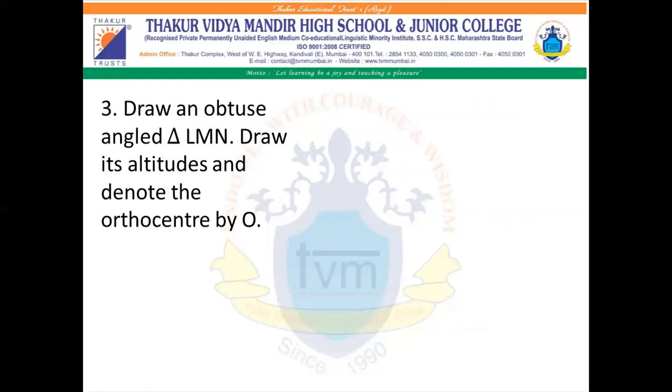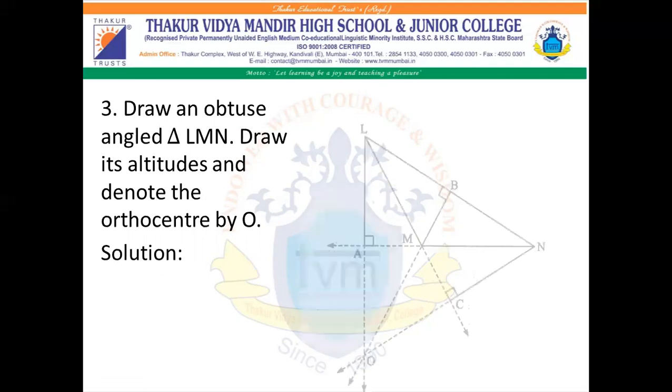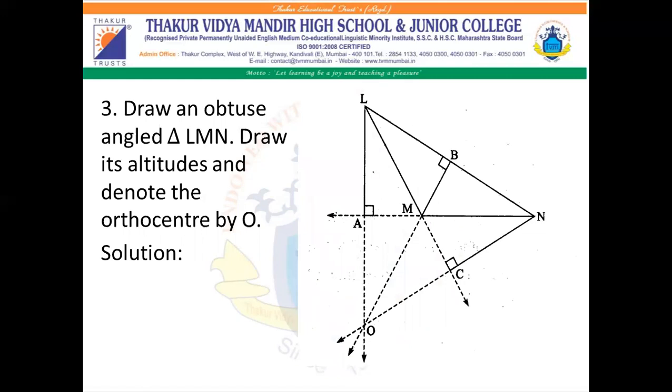Question number 3. Draw an obtuse angle triangle LMN. Draw its altitudes and denote the orthocenter by O. A triangle in which the measure of one angle is more than 90 degree is called an obtuse angle triangle.